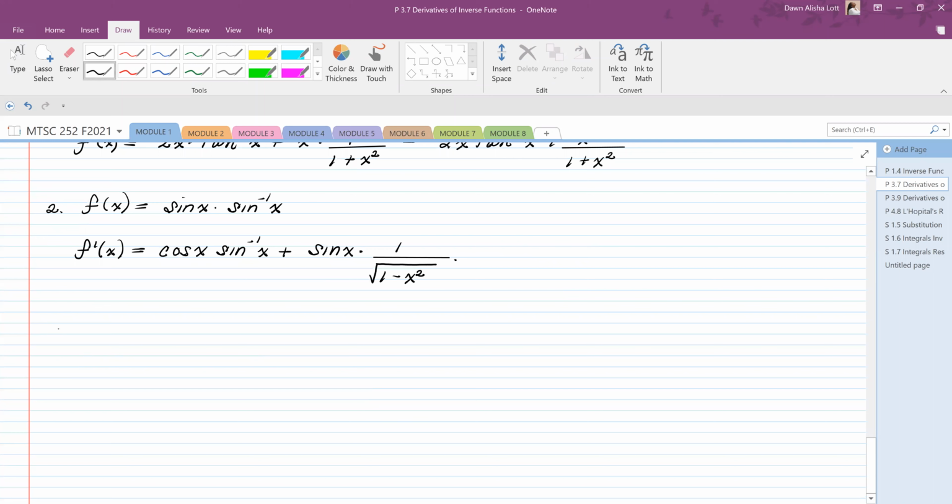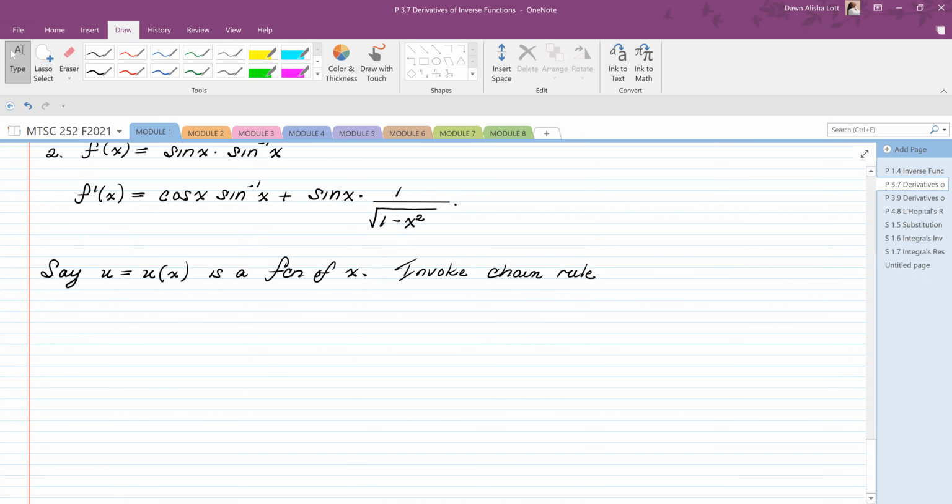So say u is a function of x. Then we need to invoke the chain rule. All right.